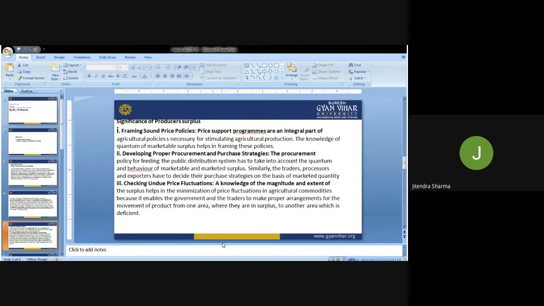Then, checking undue price fluctuation. Yes, if we want to control unnecessary fluctuation in the price, it can only be addressed if we have correct knowledge of the producer surplus.